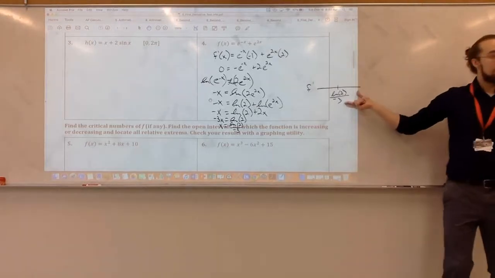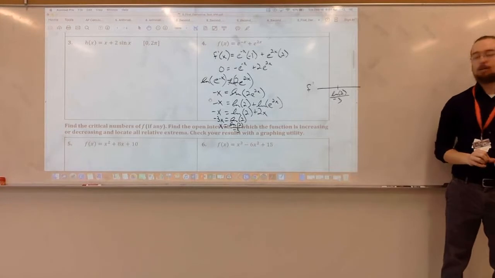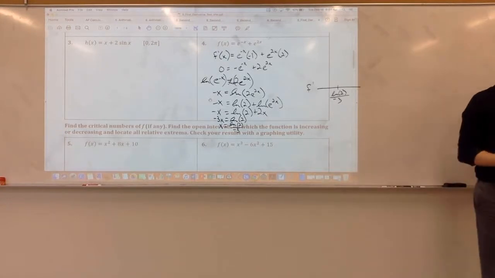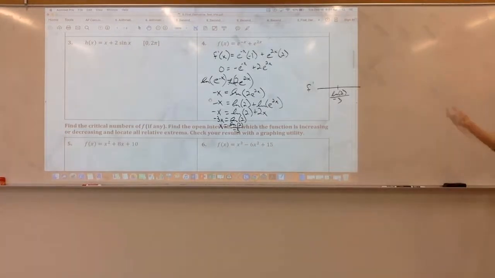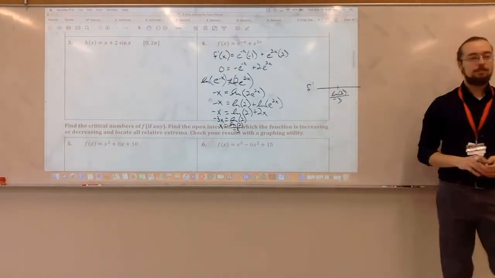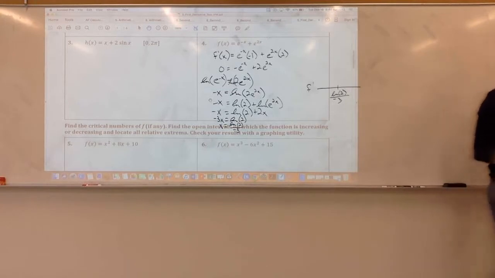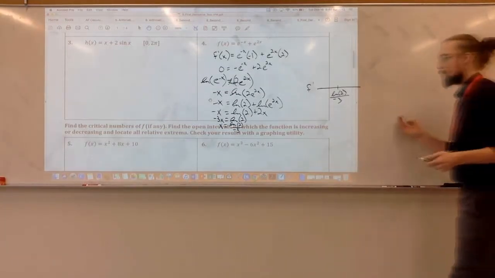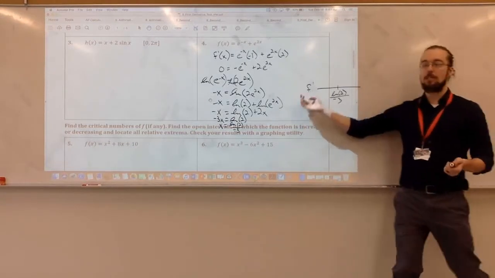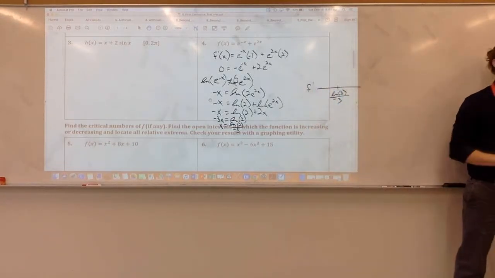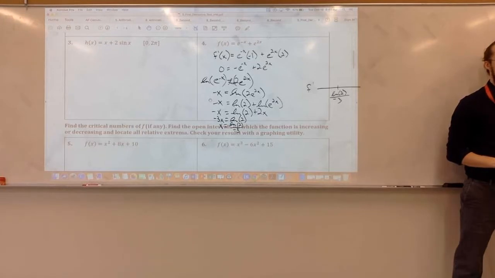I don't know what that is off the top of my head, but can we at least estimate it's a negative number, obviously. Is it going to be kind of close to 0? What numbers should we choose so that I'm definitely picking a number less than and definitely picking a number greater than? 1, or it could be 0.